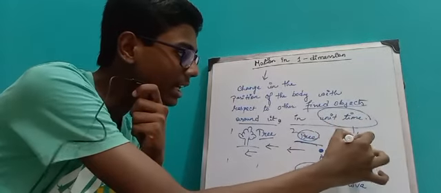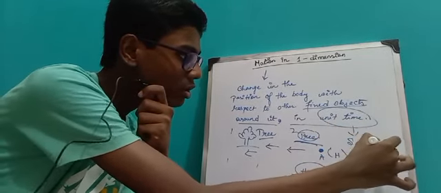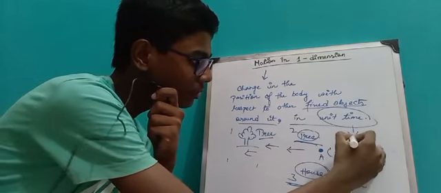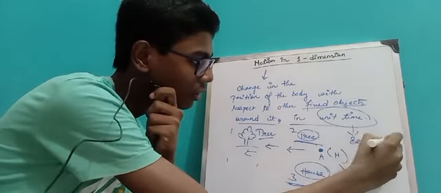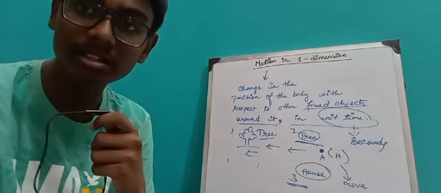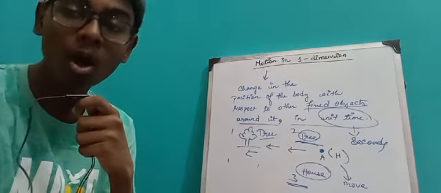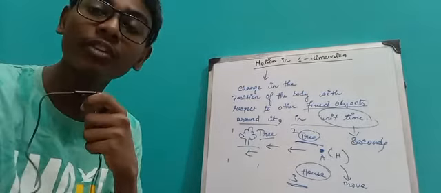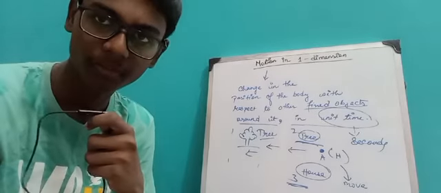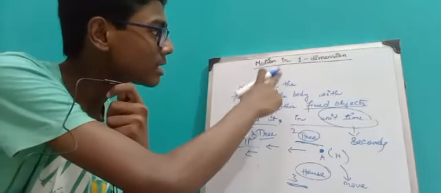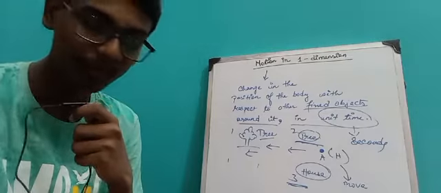If unit time, we can take seconds. So in every second, the position of the body is changing with respect to the other fixed objects around it. Okay, so that is the definition of motion.